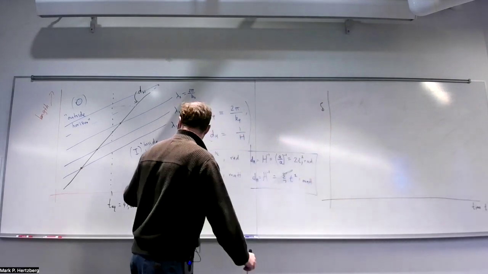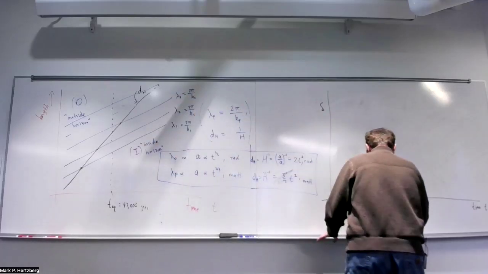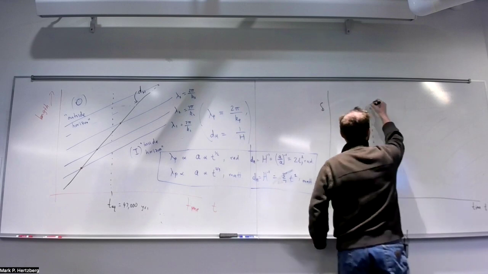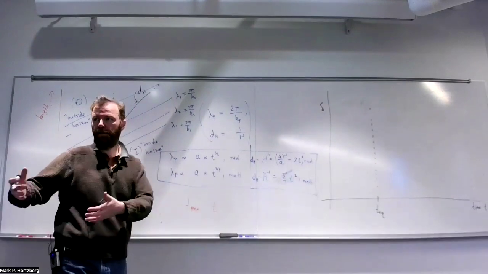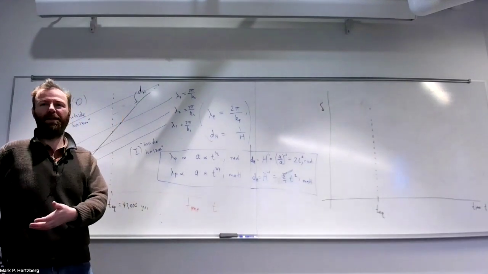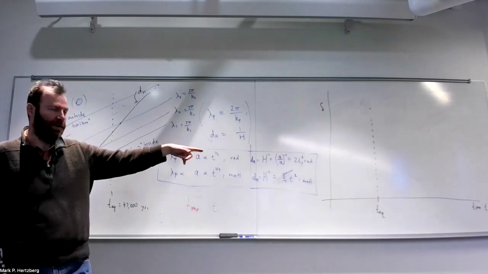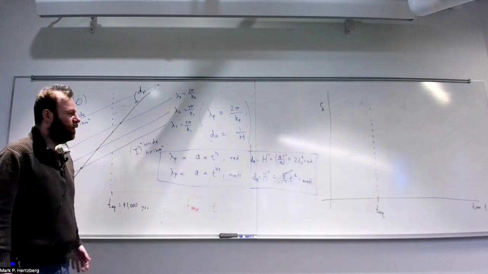And I have to mark T equality. Here, T equality really matters because growth was logarithmic in the radiation era. And then it was power law, linear. So that matters a lot for this curve. We can't forget about that.